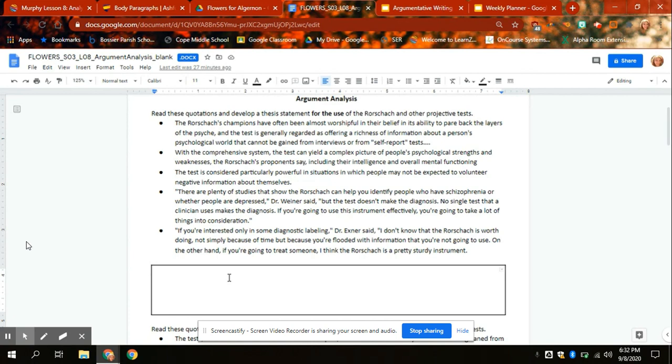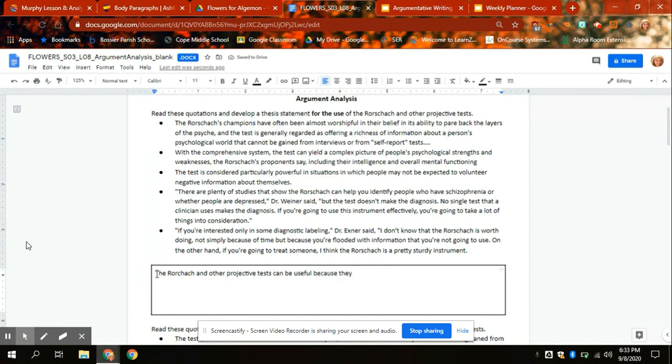So the Rorschach and other projective tests can be useful because they, and this is where we give our reasons.